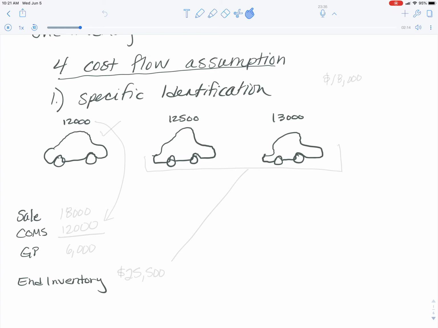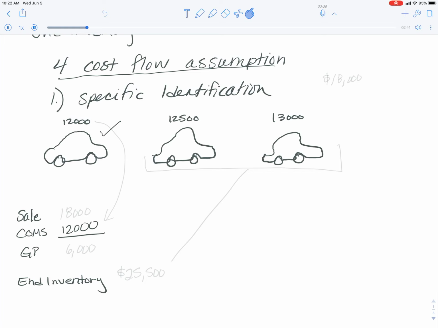Here's an example. We have 3 cars. The customer comes up to the lot, and the customer buys this car. This car has a specific VIN number and an exact cost attached to it. This car cost $12,000 to make, so let's put $12,000 in for our cost of merchandise sold.